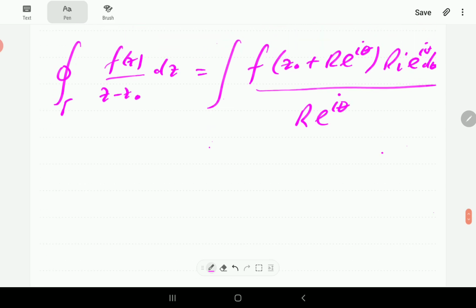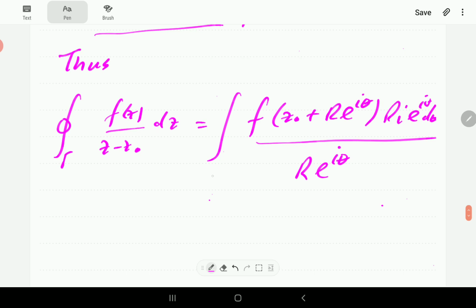The variable is now theta, so we integrate from 0 to 2 pi, or from minus pi to pi if we like.